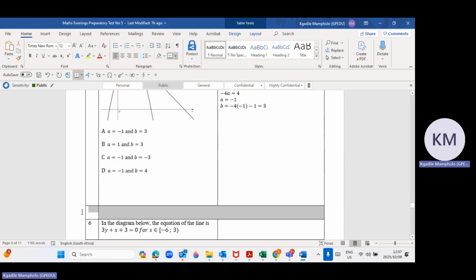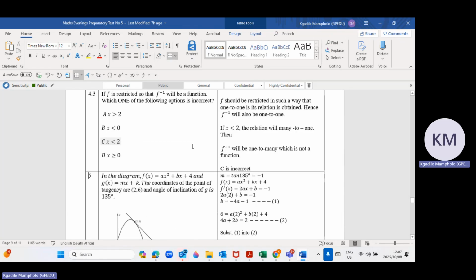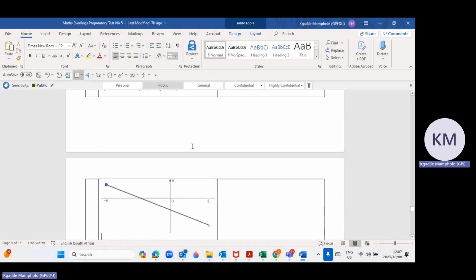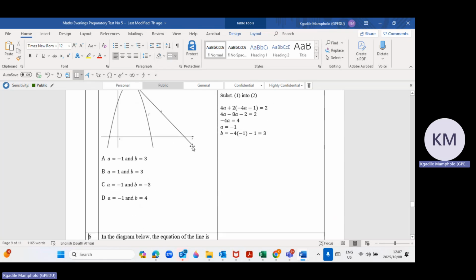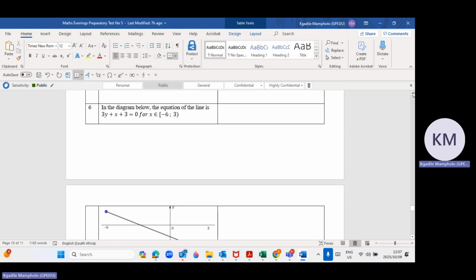Okay, we go to number 6. In number 6, in the diagram below, the equation of the line is 3y plus x equals to 0.